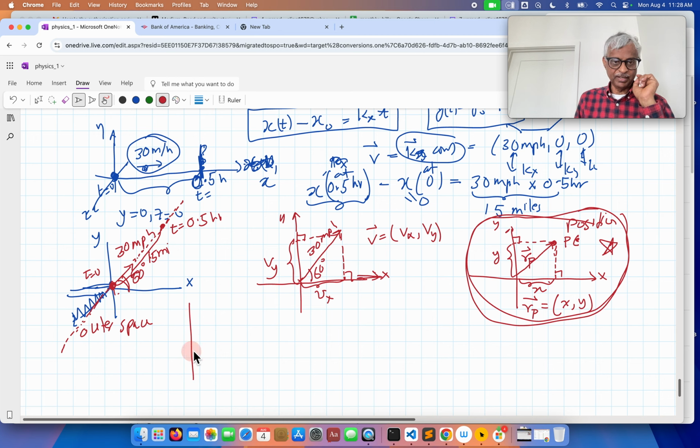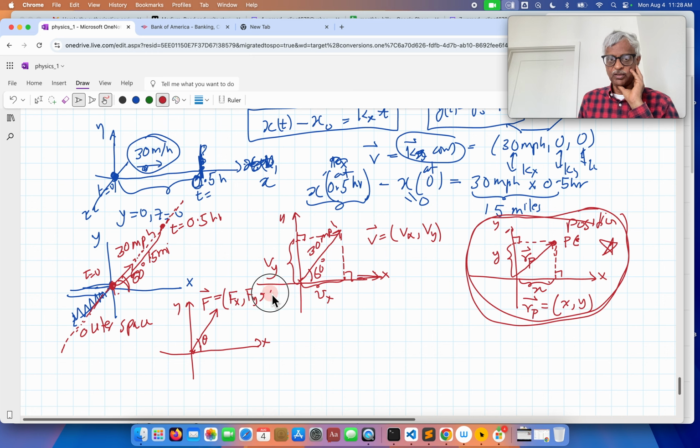So if you had, say, a vector, again I'm going to just do the z part, it doesn't exist. So suppose you had a force vector and an angle theta with the x-axis. So you know force will have fx, fy, fz. So how do we get these guys here? We just project, just like here.